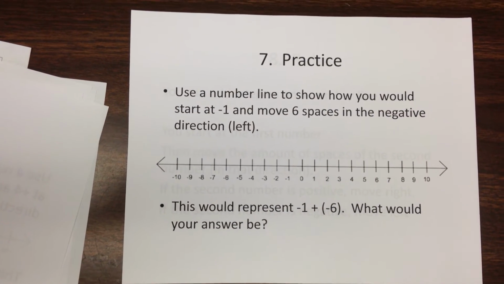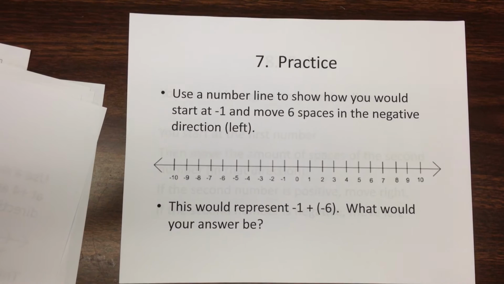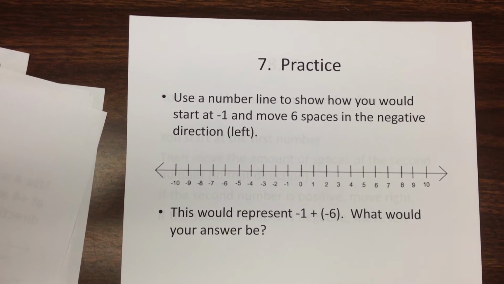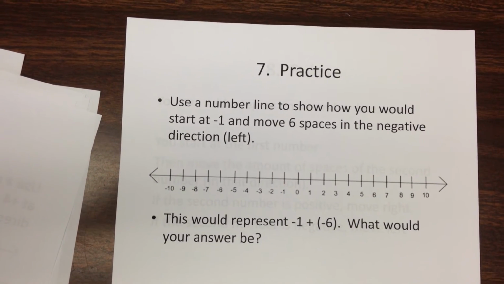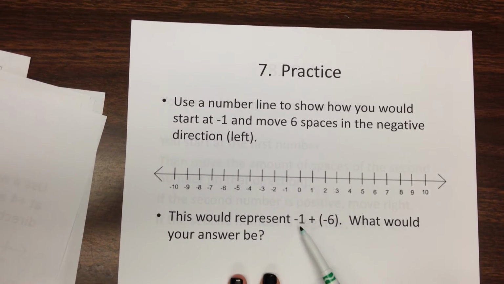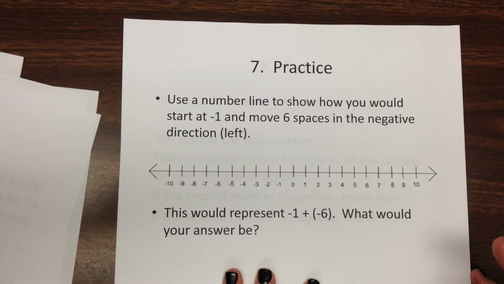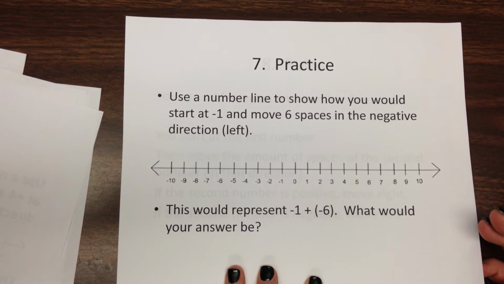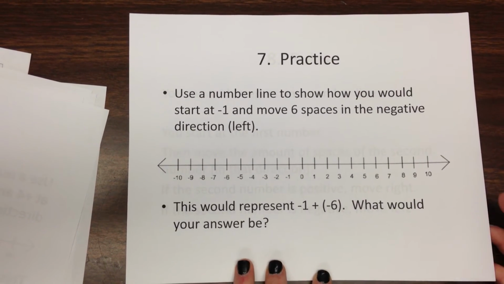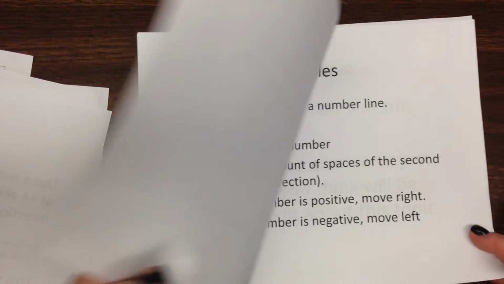Number 7, use your number line to show how you would start at -1 and move 6 spaces in the negative direction. So this one is actually -1 plus a -6. So you're already in the negative area and you're moving farther in the negative area.